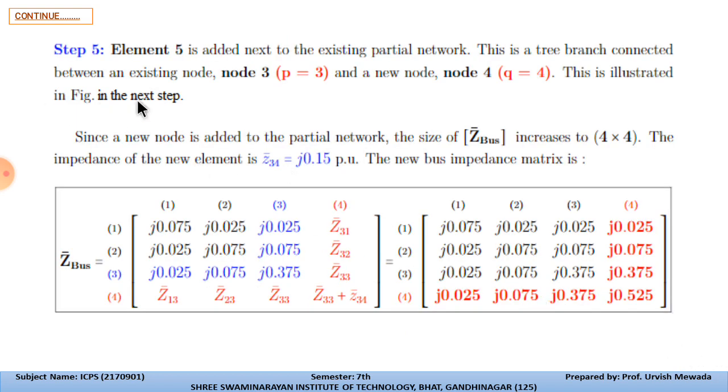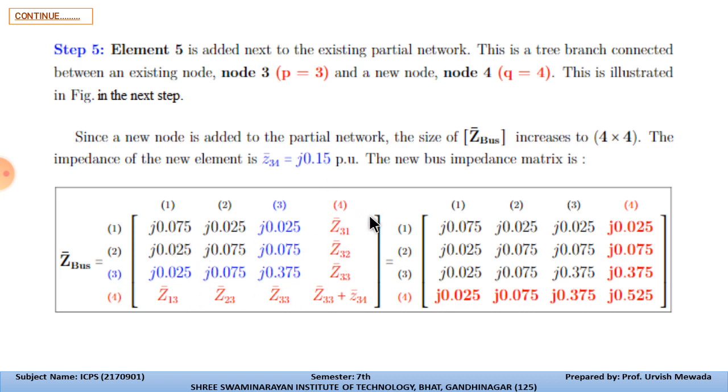Now step number 5, the element number 5 is added next to the existing partial network. So this is again a tree branch, so connected between an existing node 3. So that's why P is equal to 3, and the new node Q is equal to 4 is illustrated.